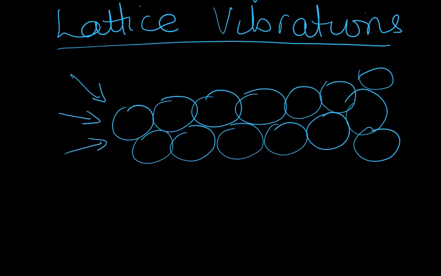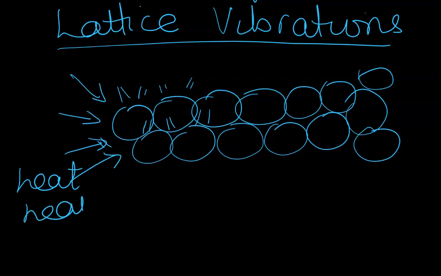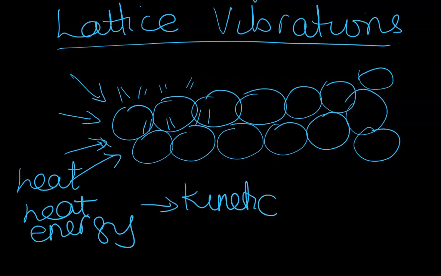So here, if we apply heat energy, it is going to cause these molecules that are closest to the heat source to gain energy. So you have firstly heat energy being absorbed, and that is converted to kinetic energy. Now guys, because the molecules are fixed in this arrangement, they can only vibrate about a fixed point, right?